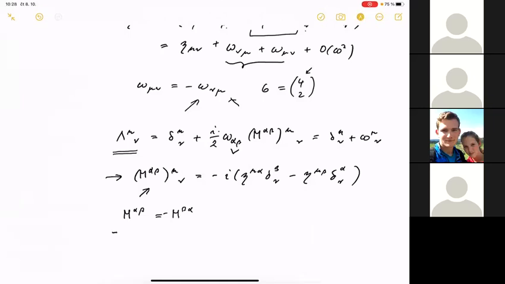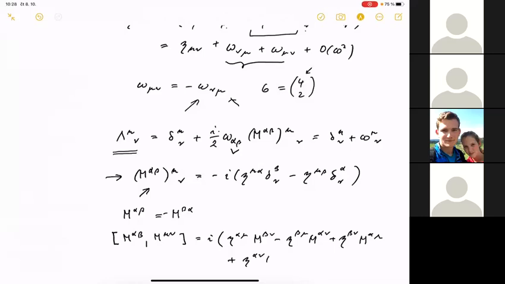And we can also calculate the commutators of these matrices. And we get something like this: eta alpha nu M beta mu minus eta beta nu M alpha mu plus eta beta mu M alpha nu plus eta alpha mu M beta nu.